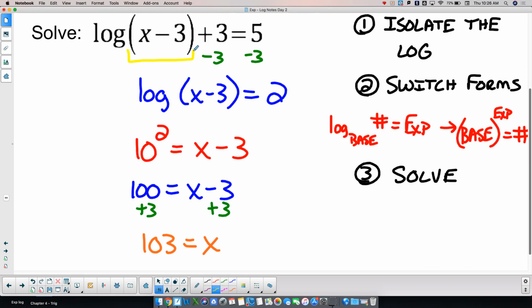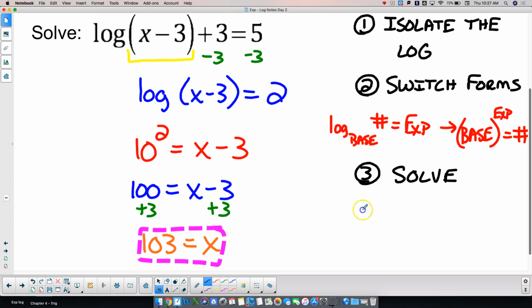Those are your first two quick, easy checks. Your base has to be positive and can't be equal to 1. And the argument, that part there, is called the argument. The argument has to be positive. Okay? Log of 100, after I plug in 103, is 2. 2 plus 3 is 5. Works out, so my answer here is 103.